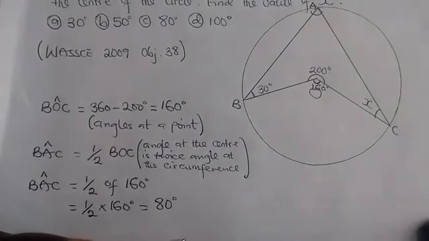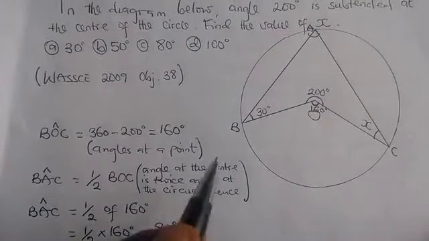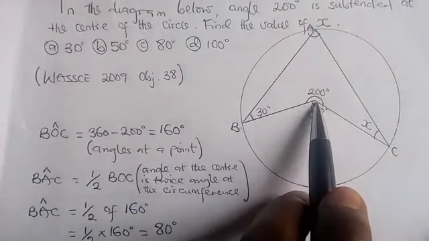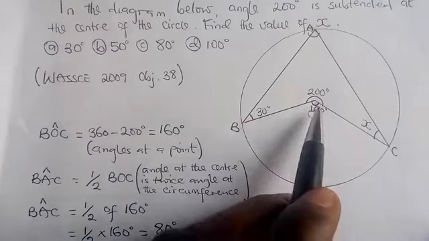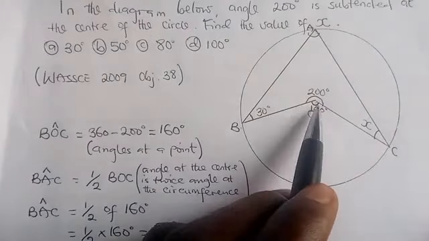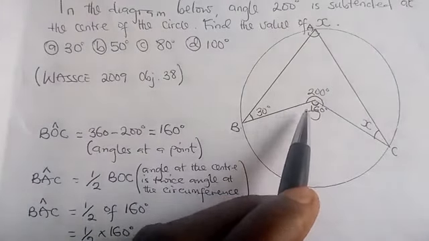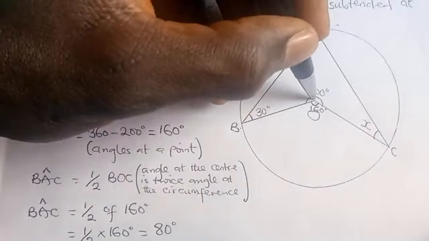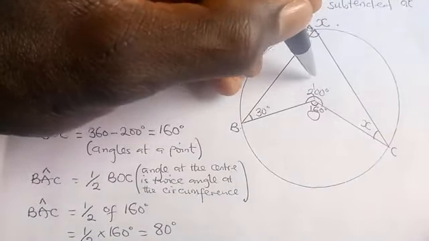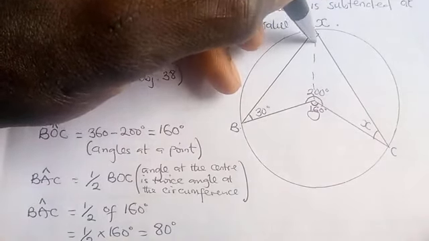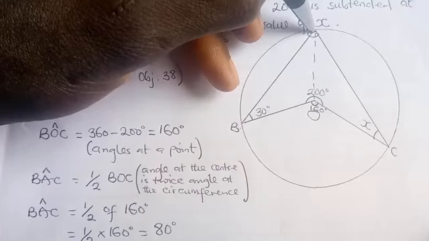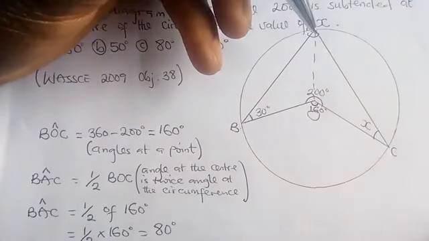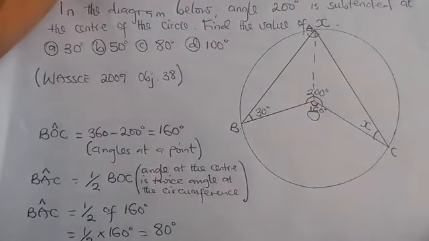The next thing we need to know here is that BO and CO are radii of this circle, and they are equal. The same thing, by the time we introduce a line here to that point A, you are going to have another radius, which is also equal to line OB and line OC.